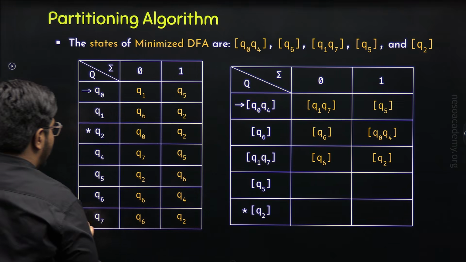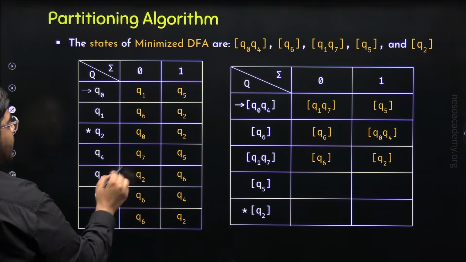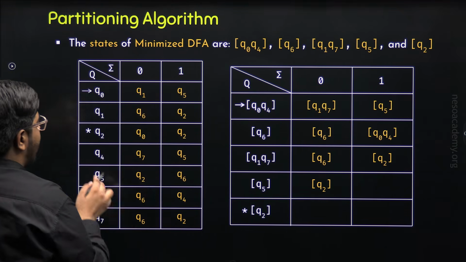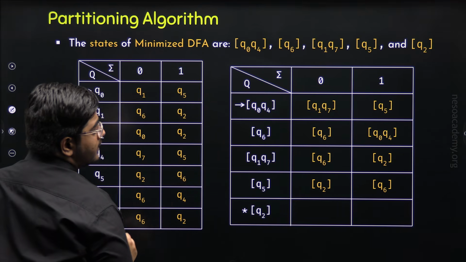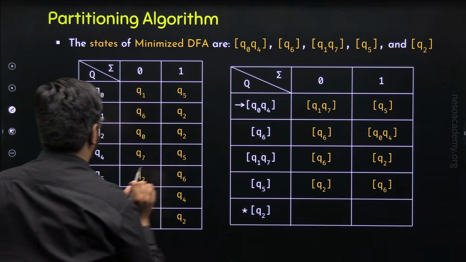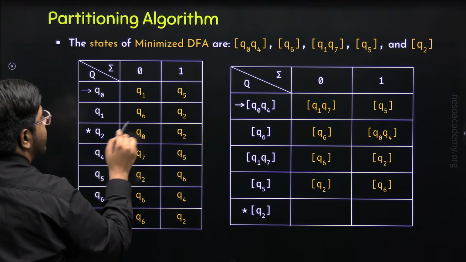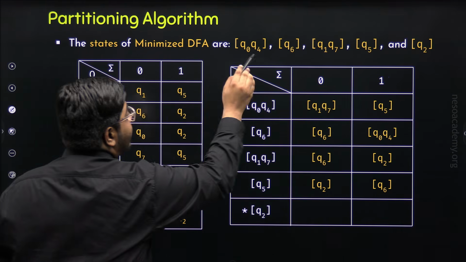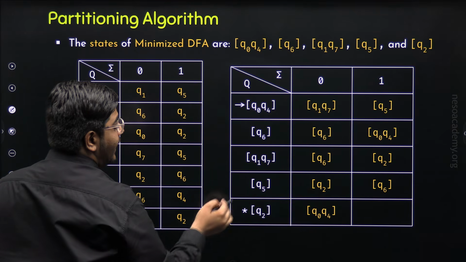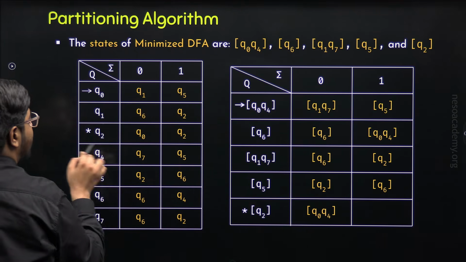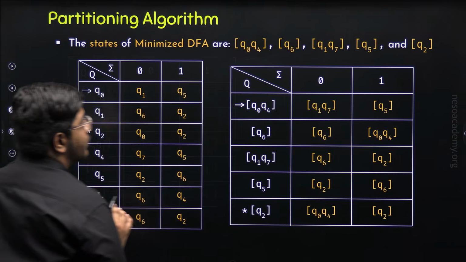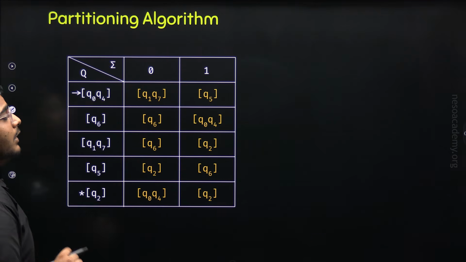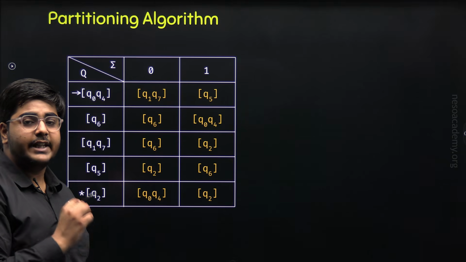Now Q5 on 0 gives Q2, so we can write Q2. And Q5 on 1 gives Q6, so we can write Q6. Now Q2 on 0 gives Q0, so we have to write Q0, Q4. And Q2 on 1 gives Q2, so we can write Q2. So this is the transition table of our minimized DFA.